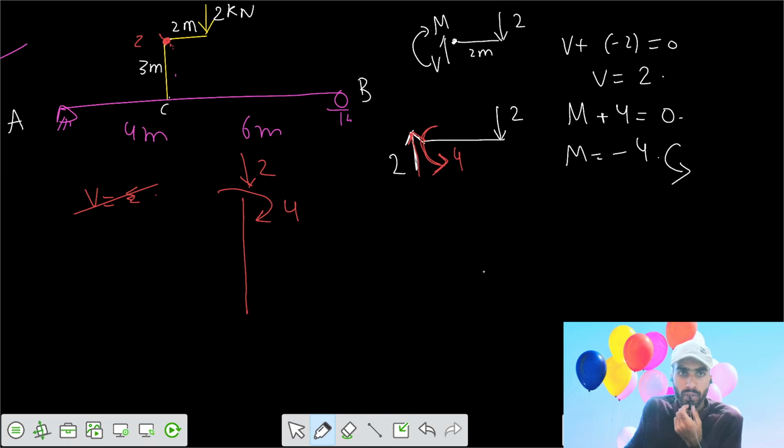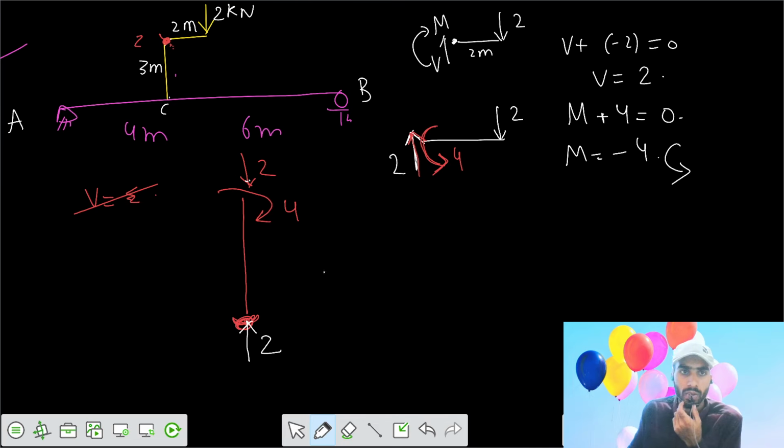Then after that this is your bar. Now we want to check what the value of these forces is here. Since it's acting downwards 2 kilonewton, your reaction here would be 2 kilonewton.